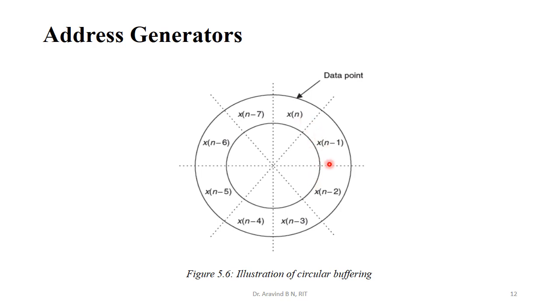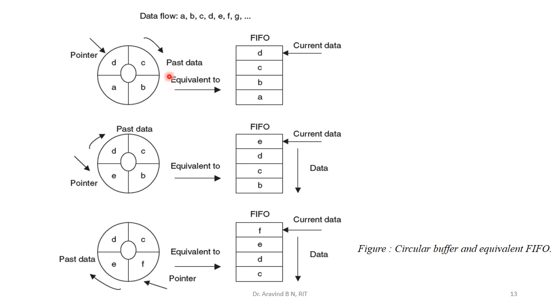So this is a fixed size circular buffer we are going to make use of, and there are two methods we can identify here: the data pointer moving in a clockwise direction or the data pointer moving in an anti-clockwise direction. In the further example, we are going to consider that the data pointer moves in the anti-clockwise direction. Okay, so let us consider an example with respect to the circular buffer.